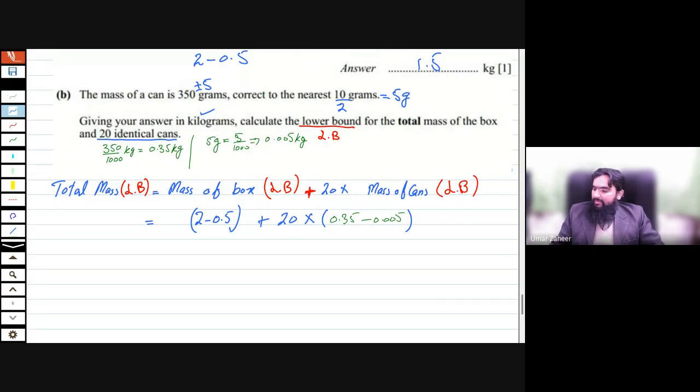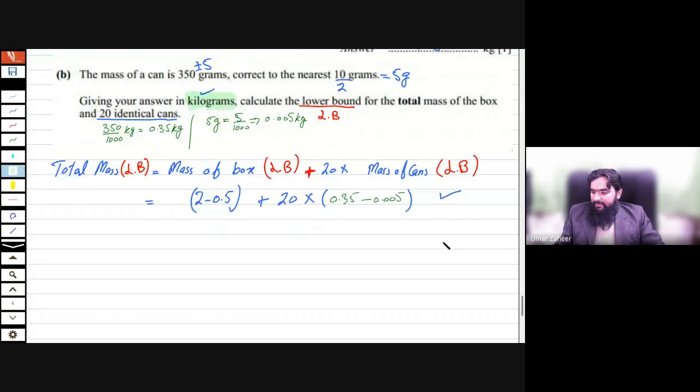Anyone who did not get this step? What I did is convert all of these values into kilograms, because one value is given in kilograms, the second one is given in grams. We have two options. We can convert the kilograms into grams, or we can convert grams into kilograms. But at the end, he says that you have to give the answer in kilograms. So obviously I prefer to convert the grams into kilograms. So automatically we are going to get the answer in kilograms.